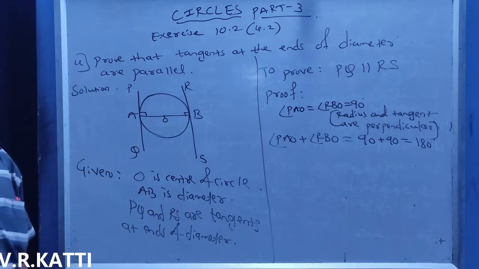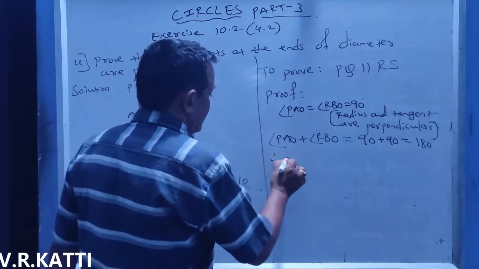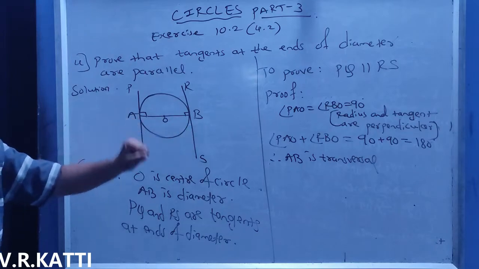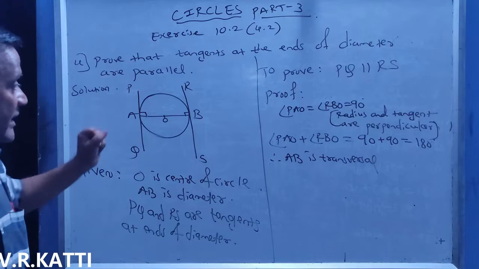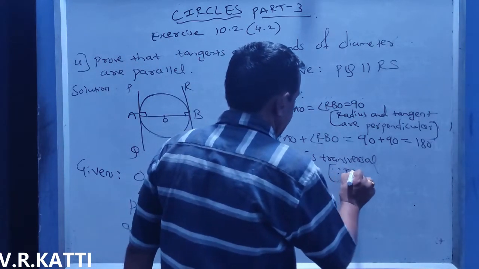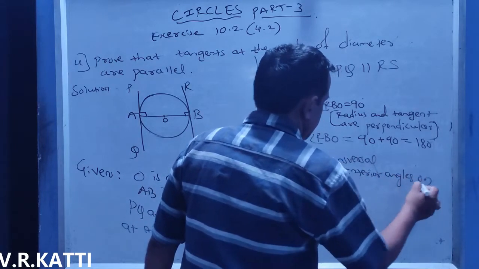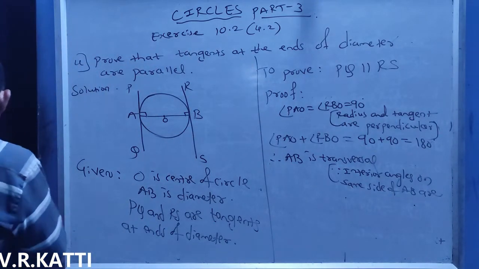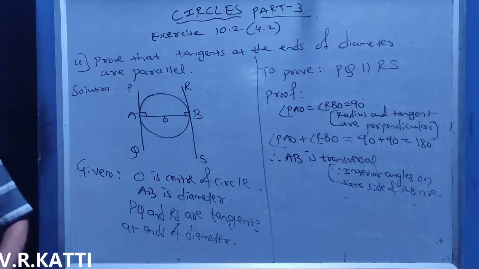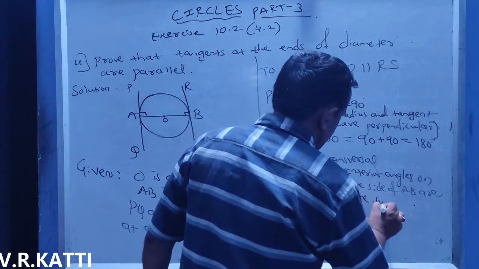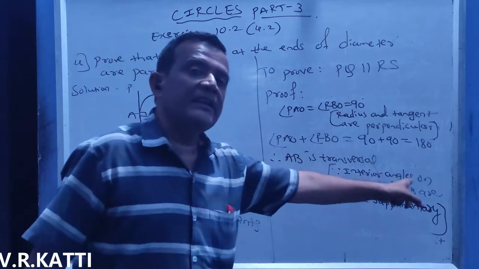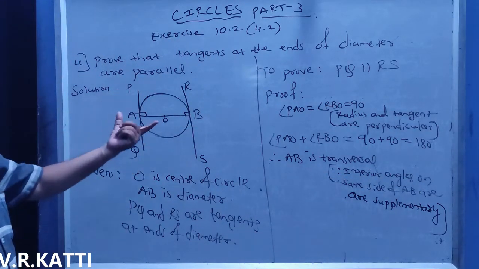So that is why AB is a transversal, because the interior angles on the same side of AB are supplementary. Therefore, AB is a transversal.